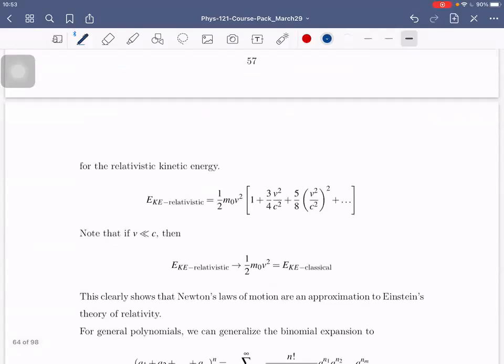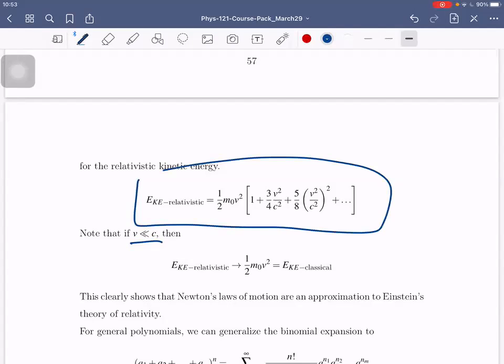Okay? Ang ibig lang sabihin nito, for velocity much less than speed of light, we can see na yung relativistic kinetic energy, kasi ito yung expression niya eh. So sobrang liit daw ng velocity here, this whole thing goes to 0 approximately. So you still get to the classical kinetic. So yan lang yung pinapakita niyan. Okay?